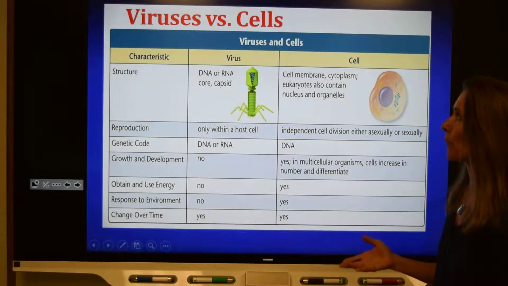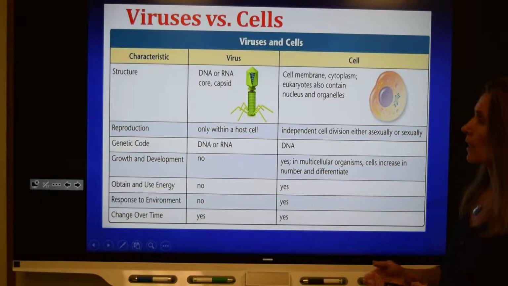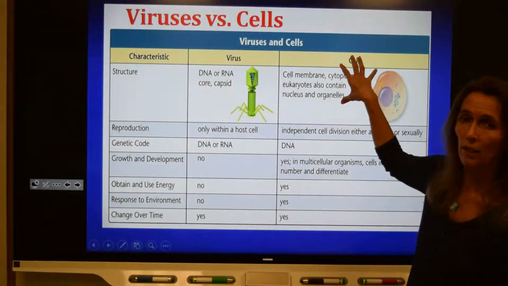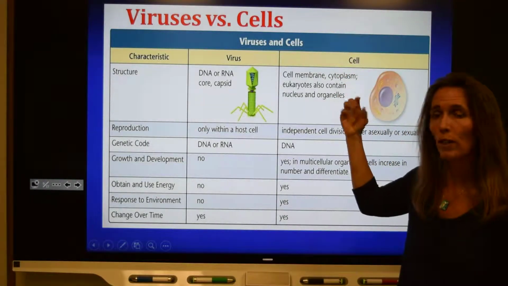So now if we compare viruses versus eukaryotic and prokaryotic cells, here we have our characteristics, here we have the virus, here we have the cell, the conventional cell that we define as a living organism.